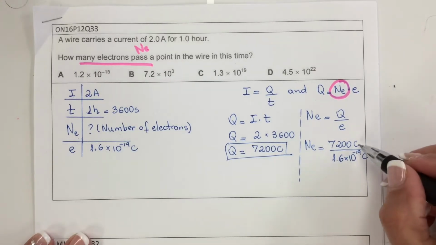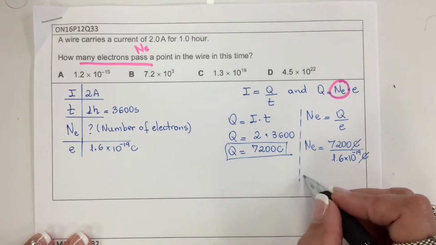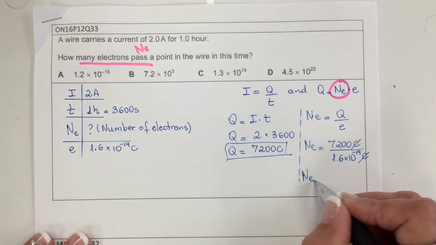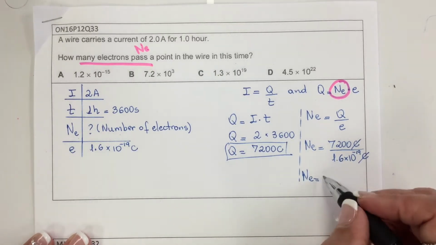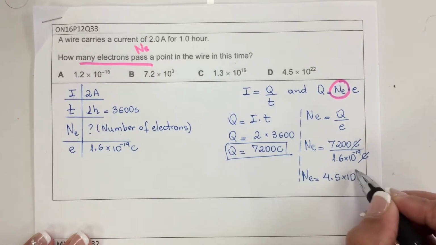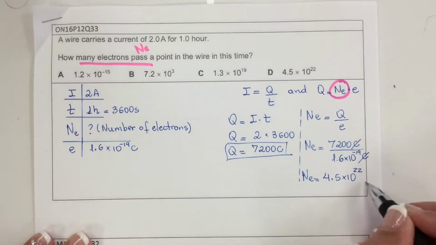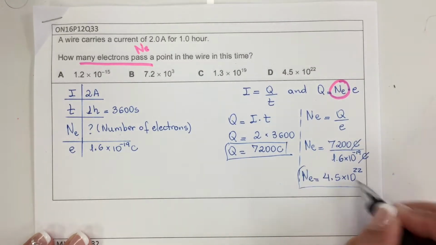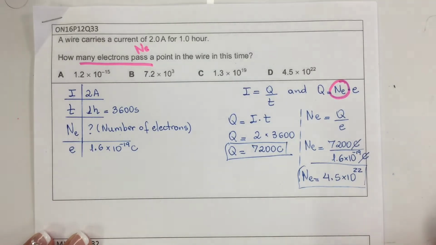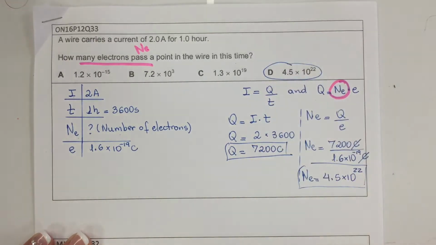Notice that coulomb cancels with coulomb. Plugging into a calculator, the number is 4.5 times 10 to the 22 electrons. That's my final answer, and this is option D.